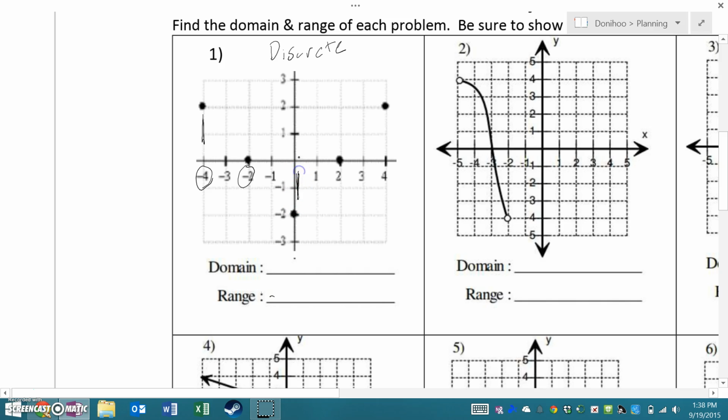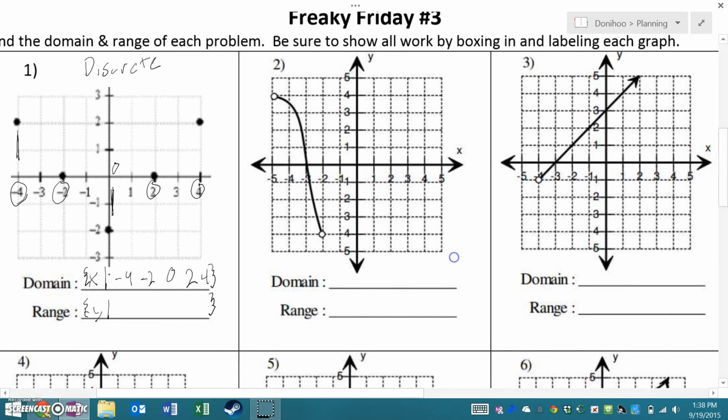This x value would be 0, 2, and 4. So I'm going to write out, here are my x values, -4, -2, 0, 2, and 4. And you would do the same thing for range, y values, and then you would write out whatever your y values are for those points. Okay, so that's discrete. The rest of the graphs that are on here are all continuous.